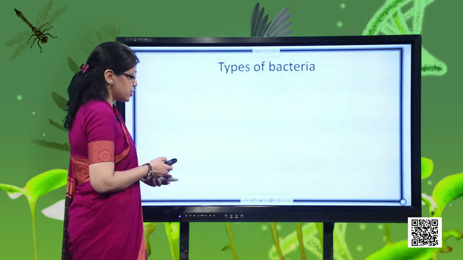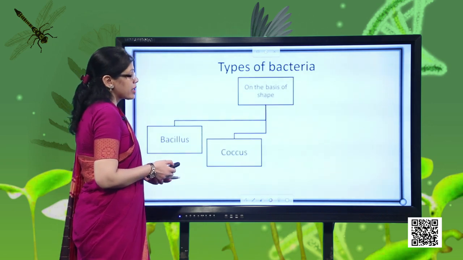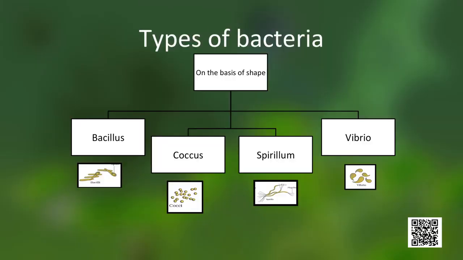Then we have types of bacteria. We can divide bacteria according to their shape. On the basis of their shape, we can have 4 different types of bacteria. Let's take the first one, that is the bacillus. The word bacillus means rod shape. If any bacteria has a rod shaped structure, that type of bacteria is known as bacillus.